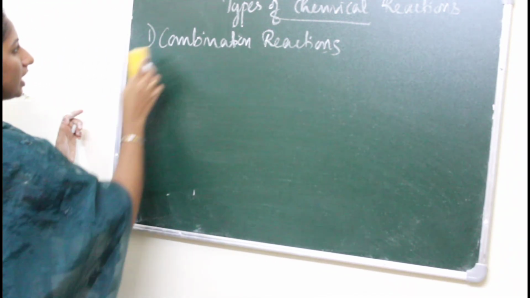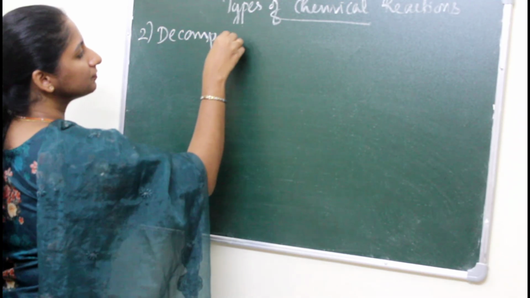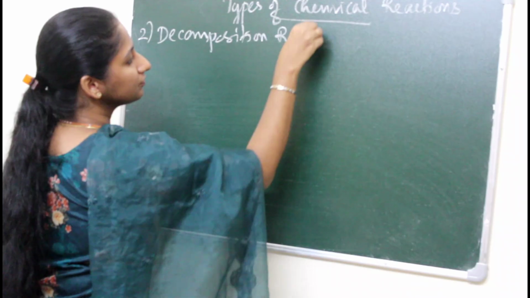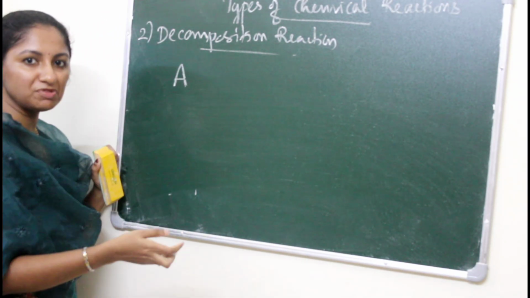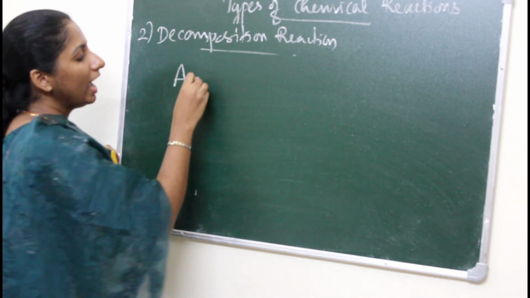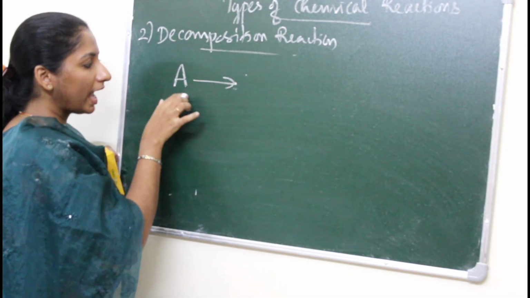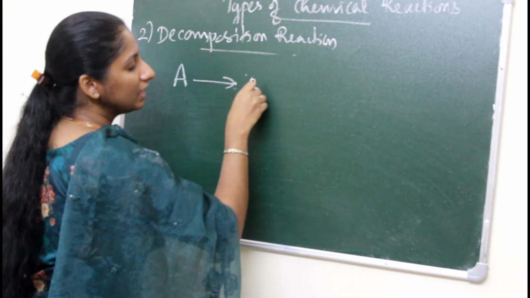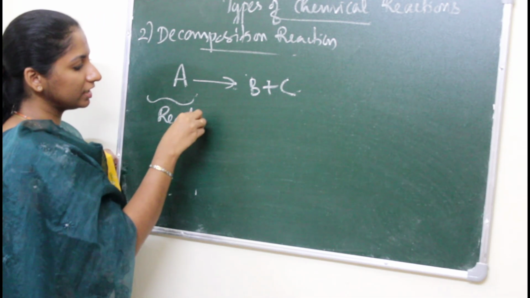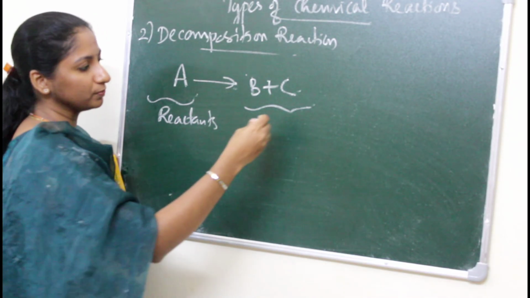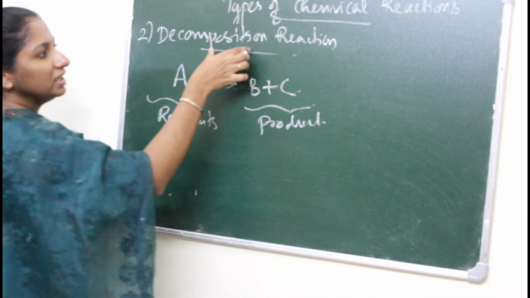In this we have a single reactant A, and we are decomposing this single reactant into 2 or more products, B plus C. Here the reactant is 1 and the products are more than 1. So this is an example of a decomposition reaction.